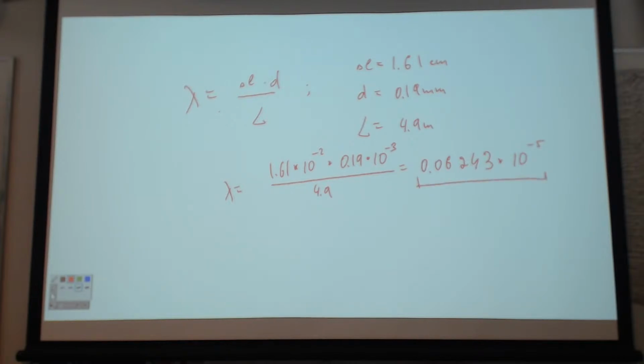Does it look like your number? Yeah. How many digits did you use? I said 6.24 times 10 to the negative 7. Well, you need to use more. Just in case, enter 0.06243 e negative 5. I got it right.